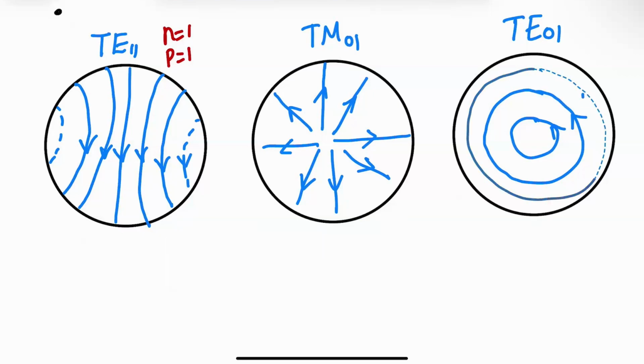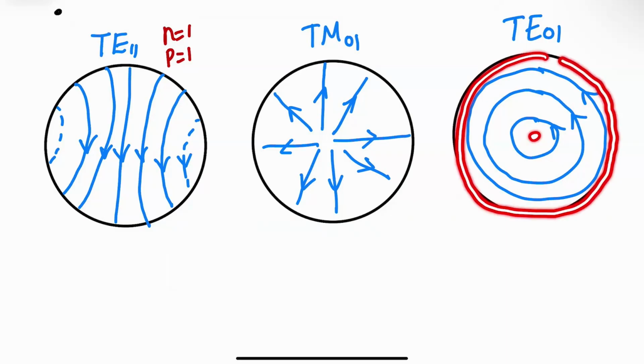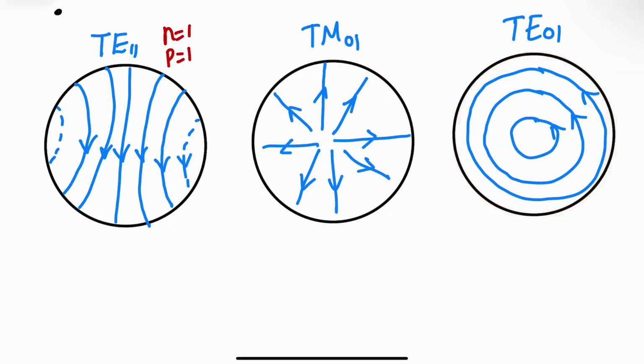And of course, this also must have a null at the center, right? So there should be a null here and also a null at the edge because you have electric field in the field direction. So to satisfy the boundary condition, it must go to 0. So your modal distribution as a function of rho is a null in the middle, null at the end, maximum. Here there's only a null in the middle and then it goes to a maximum at the edge.